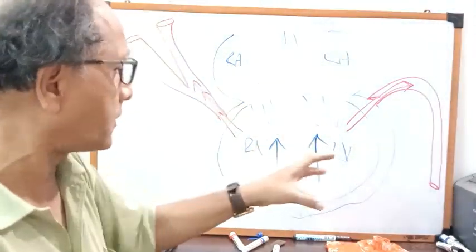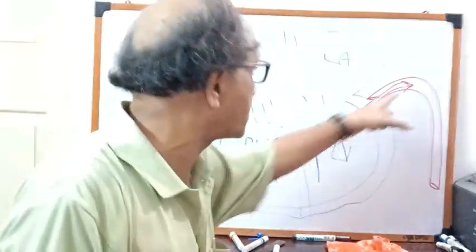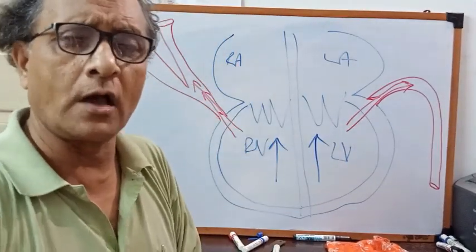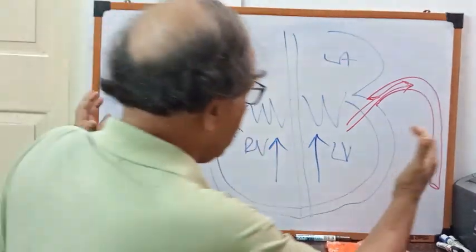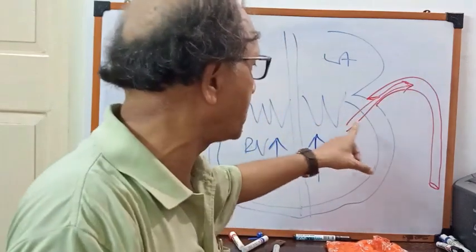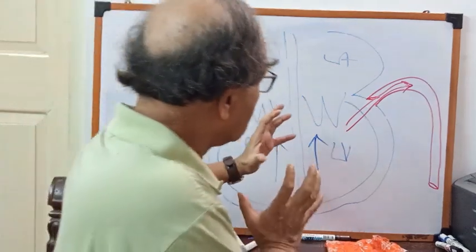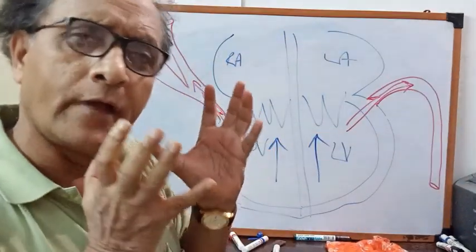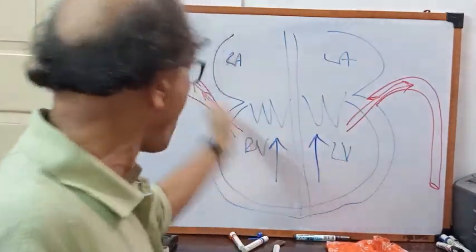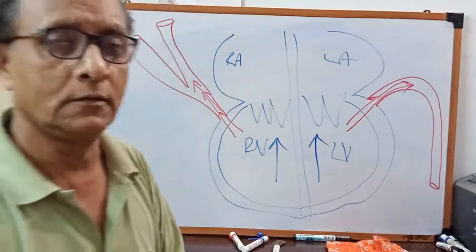Initially, a substantial pressure gradient is developed due to the severe, sharp contraction of the isovolumetric contraction phase. So as soon as the semilunar valves open up, a large amount of blood with very high velocity will gush out of the ventricle, and that is known as the rapid ejection phase.